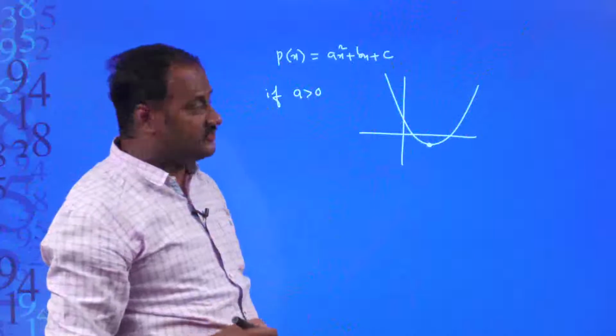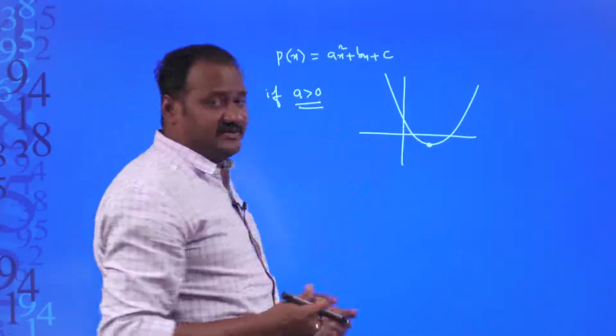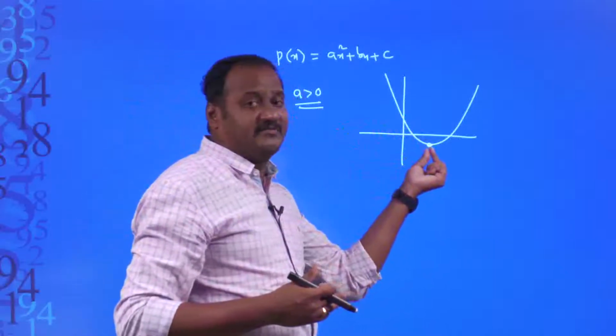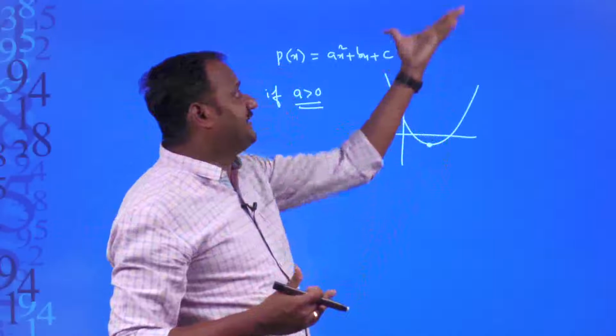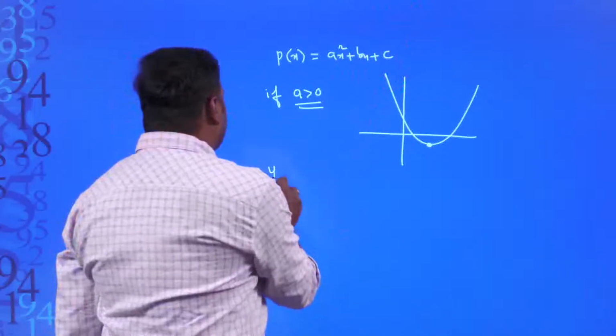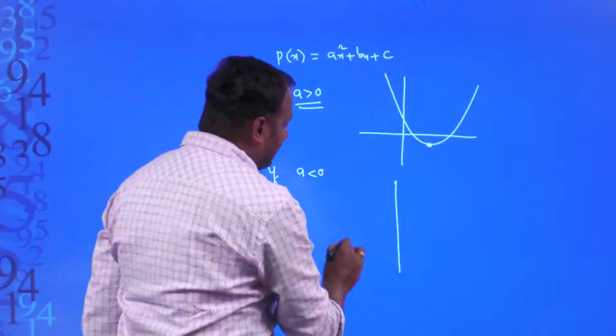There is no maximum value for that, but we can easily find the minimum value of the polynomial. So in the case of a greater than 0, the parabola opens upwards, and we can find the minimum value of the polynomial, but we cannot find the maximum value. Similarly, if the value of a is less than 0, then the polynomial would be like this.